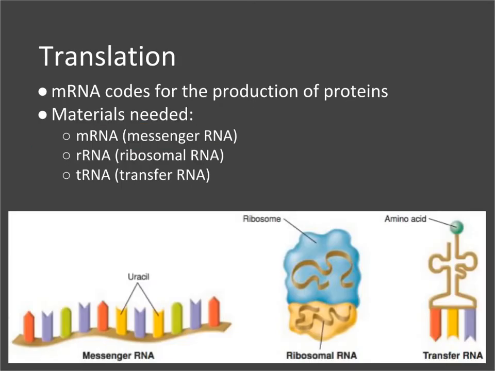For the process of translation to occur, we actually need 3 different types of RNA. One type is the mRNA that we just talked about. And remember that this is just the DNA getting converted into mRNA during that process of transcription. Additionally, we need rRNA and tRNA. rRNA is also known as ribosomal RNA, and it actually helps to make up part of the ribosome.